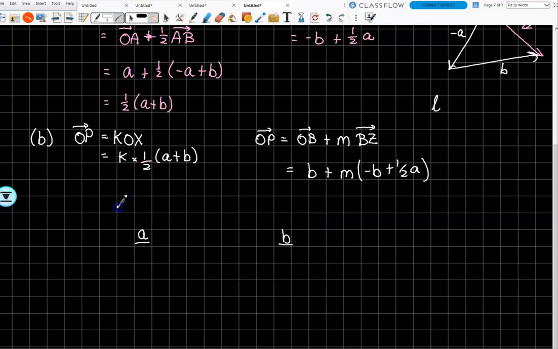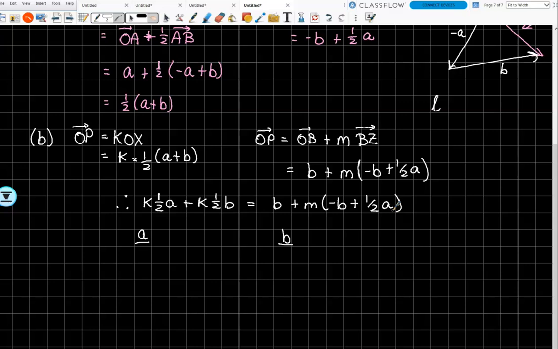So what we're saying is that K times a half A plus K times a half B must equal this thing over here, B plus M times minus B plus a half A. Do you agree with that?